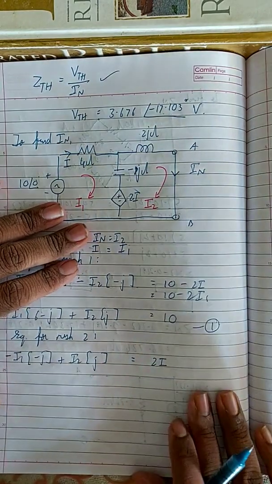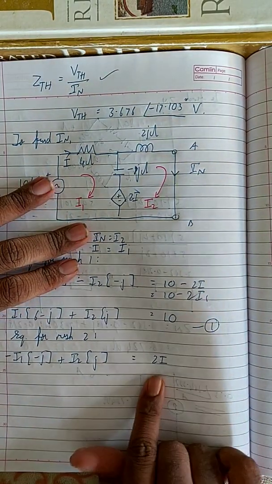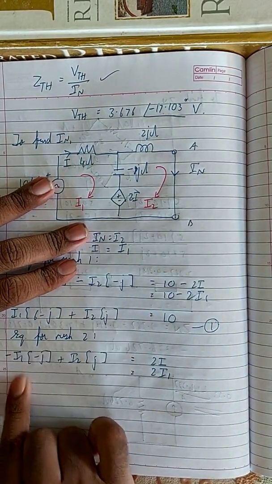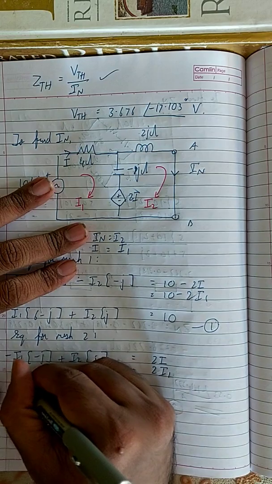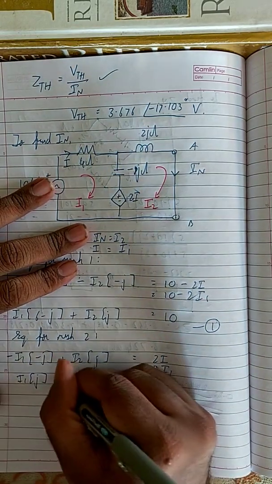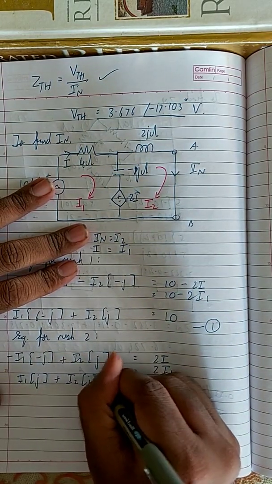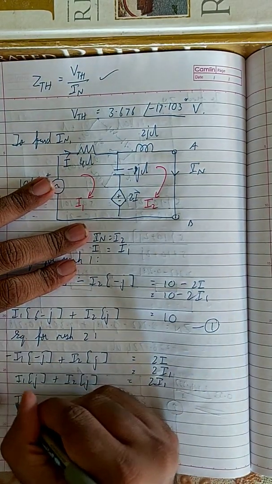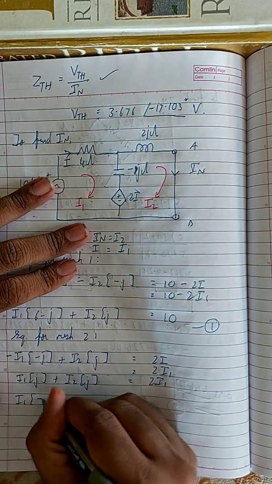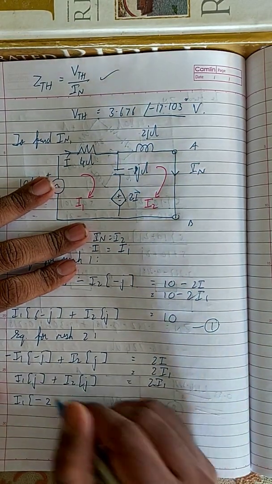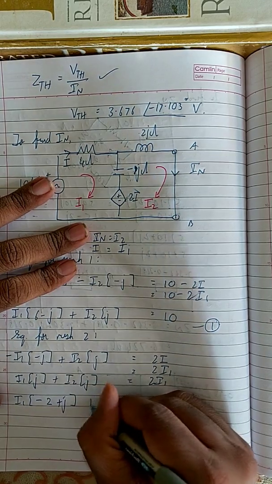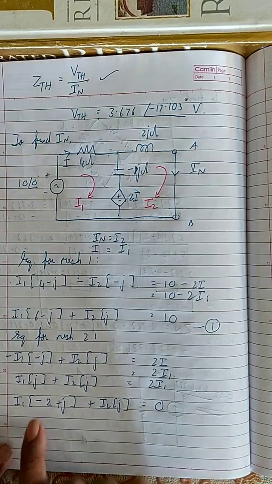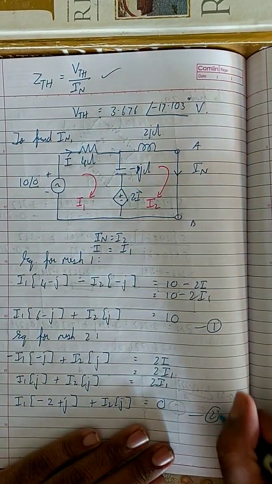Since I is equal to I1, it is 2I1. So bring this 2I1 over here. Let me write this equation: I1 into minus j plus I2 into j is equal to 2I1. In other words, I1 into minus 2 plus j, plus I2 into j is equal to 0. This is the equation for mesh 2.